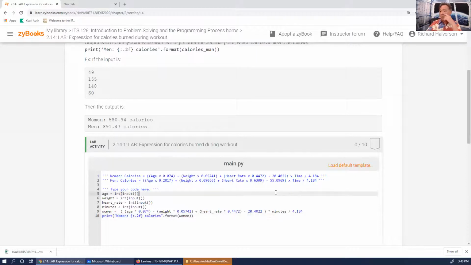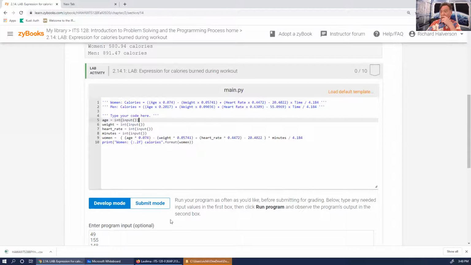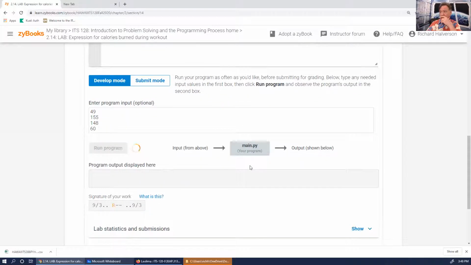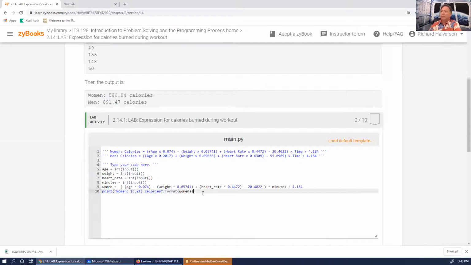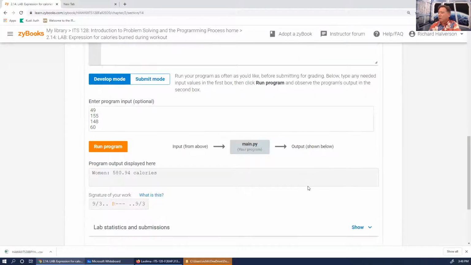Let's see if that looks right. 580.94. Yes. Okay, so that works for that. You got to do it for men. Should be easy. All right, what's next?